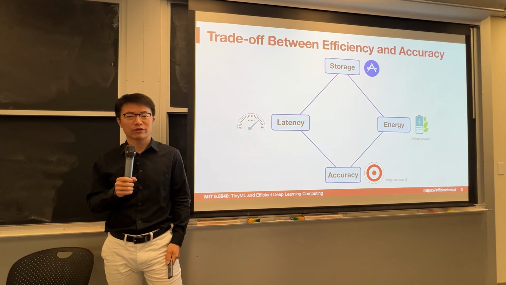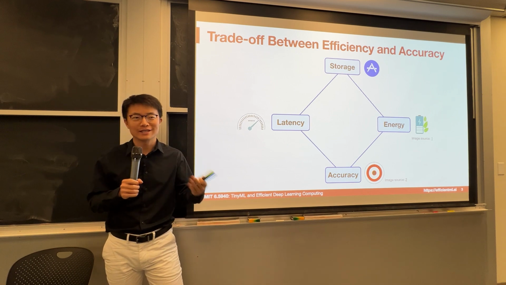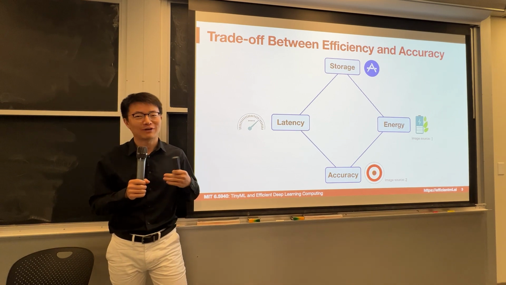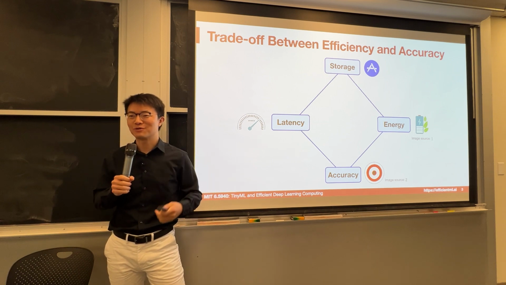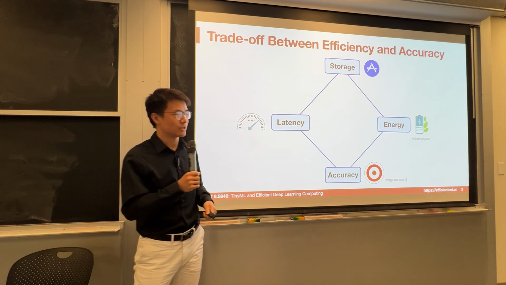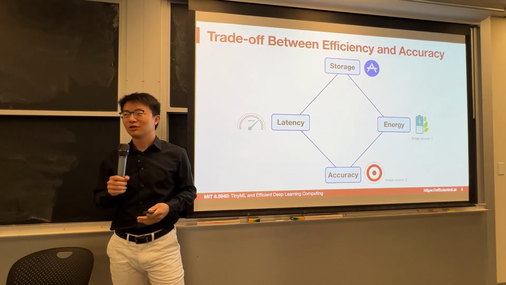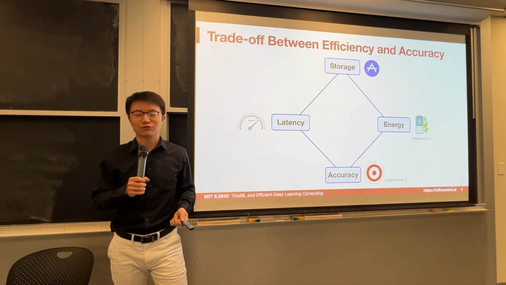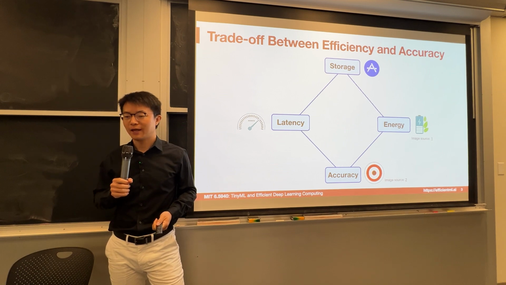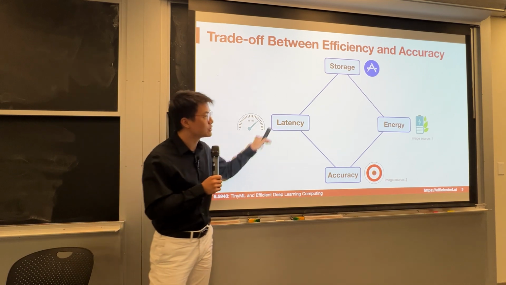You can interact with it using audio, but the latency is really long. You wait for 5 seconds, 10 seconds, and then you can hear back from ChatGPT, right? So you want to have short latency. If you have a long latency in a self-driving neural network, you might have already hit a car in front of you. So latency matters.